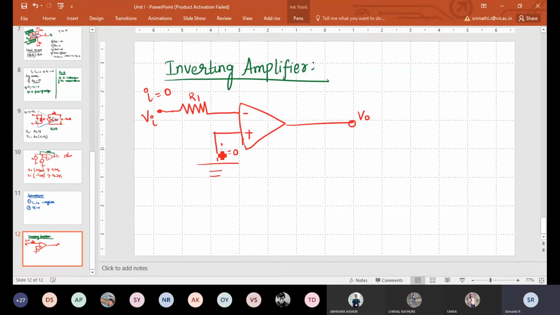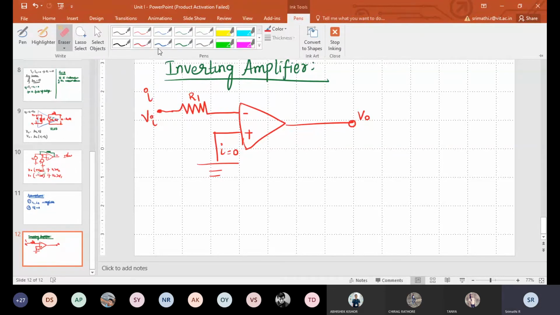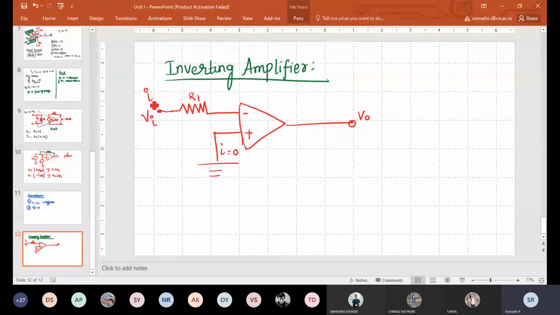So this current is 0. Let me name this current I1 since it flows through R1, and I have a feedback resistor, that is represented as RF, connected between output and the input.